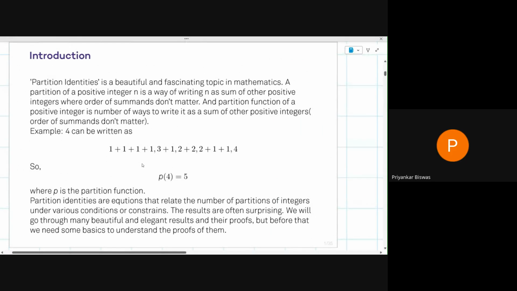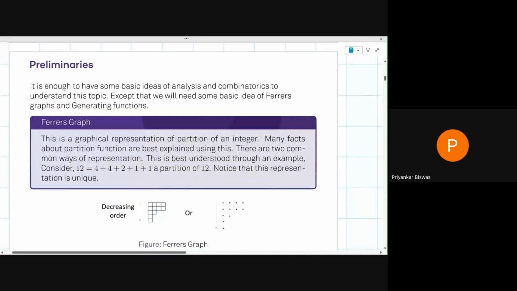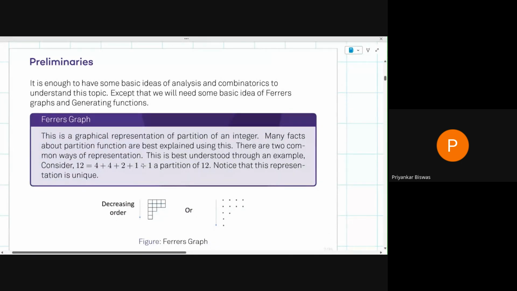Okay. So before going into the proofs and the depth of the theorems, we need to know some basic things to understand the proofs. We need some basics of combinatorics and analysis to get through some of the proofs. Apart from that, we need to know about Ferrers graphs and generating functions. A Ferrers graph is a way of representing a partition. Here we are giving a partition of 12: 4 plus 4 plus 2 plus 1 plus 1.